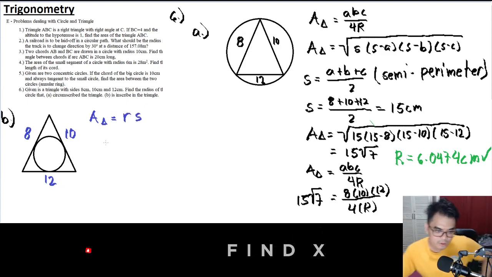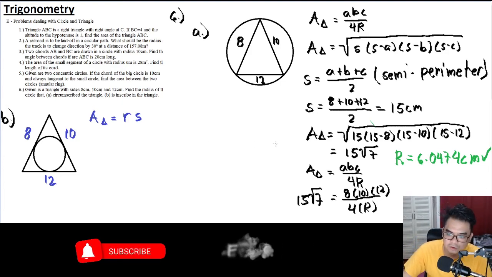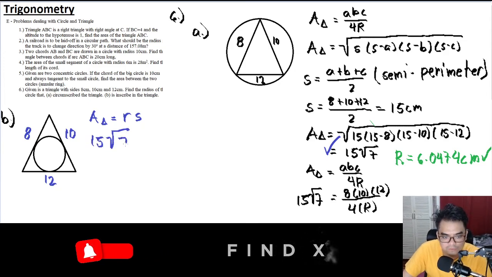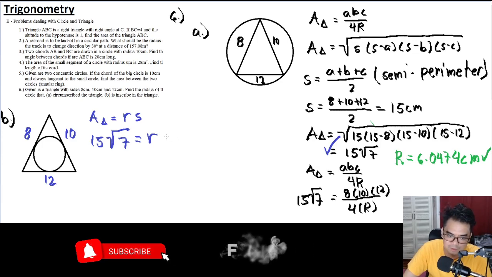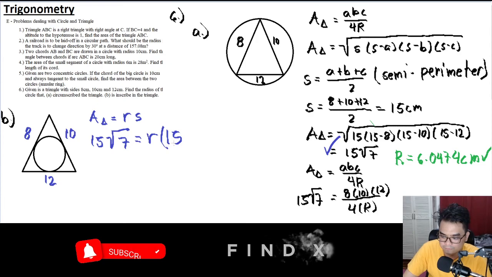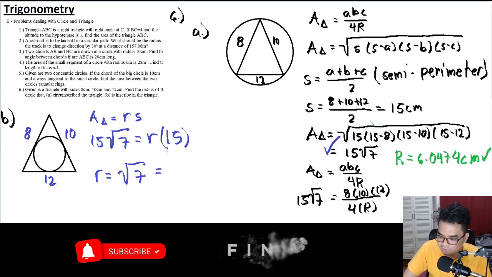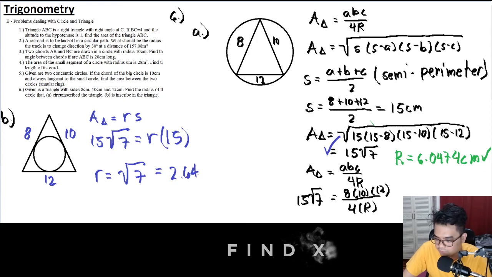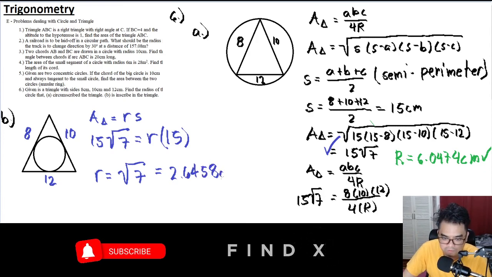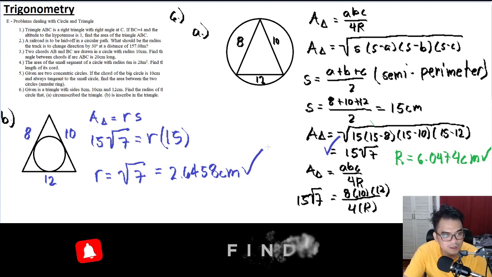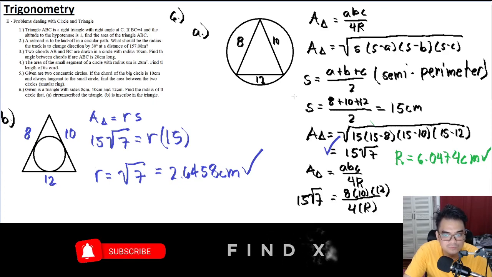We were able to compute the area already, 15 square root of 7, equal to R, which is the radius of the circle, times S, which is the semi-perimeter, 15. You can cancel out 15, so R will just be the square root of 7, or 2.6458 centimeters. That will be the answer. With that, I think we're done with this topic. Let's move on to the next one.